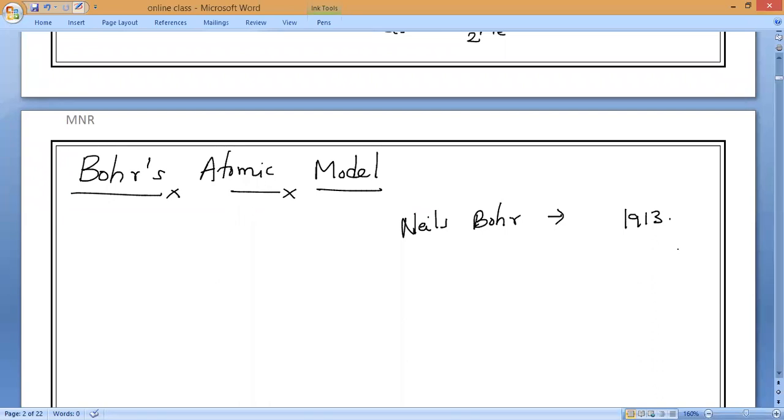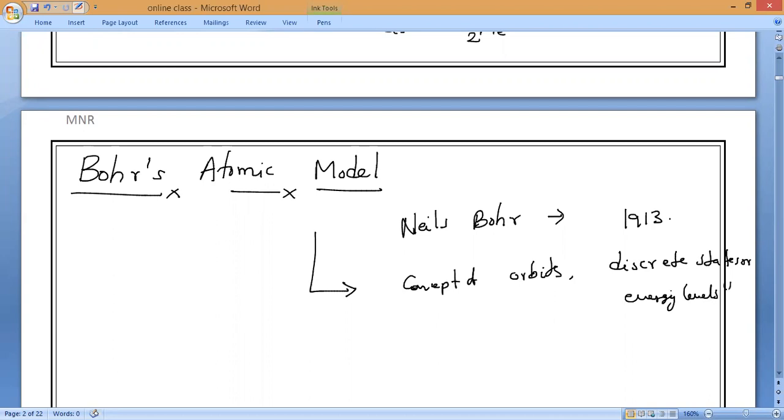So to overcome these drawbacks of the Rutherford model, Bohr gave the concept of orbits, and you will also study discrete states, which we can also call energy levels. I will explain what that is. Okay.